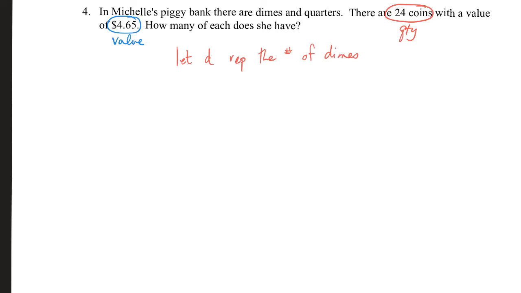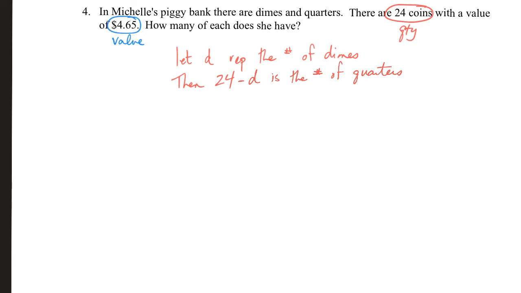Well, if D is the number of dimes, then my total number of coins, 24, minus my number of dimes, D, has to be what's left over as quarters. So 24 minus D is the number of quarters. When it gave me the total number of coins, as soon as I said D was one of them, the other one must have been 24 minus D.